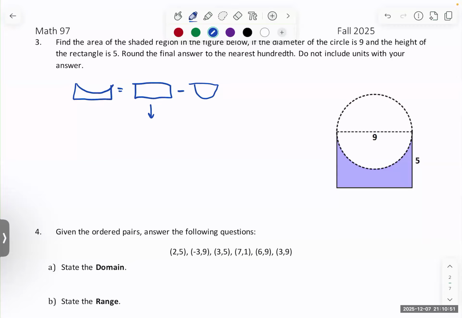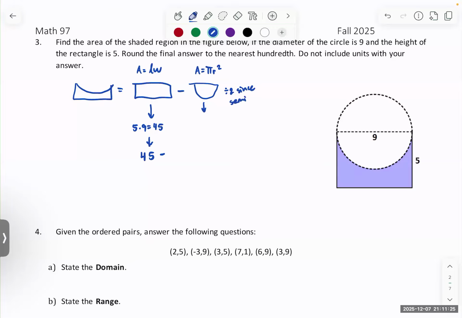The area of any rectangle is base times height, or length times width, and the area of a circle is pi r squared. So the area of the rectangle is 5 times 9, which is 45. So 45 minus the semicircle.